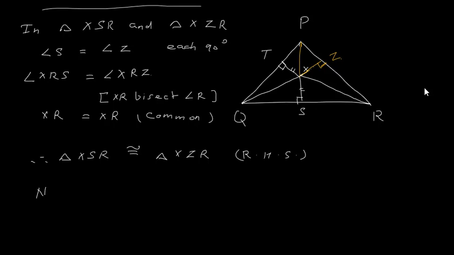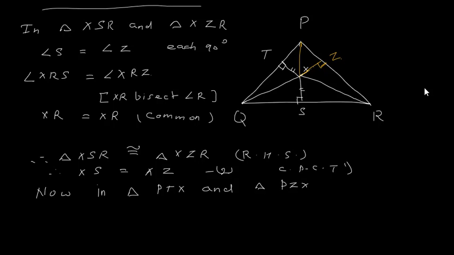Now we take triangle PTX and PZX. Before that, I will say that therefore we have side XS is equal to side XZ. This I will take as the second equation, and this is corresponding part of congruent triangles.